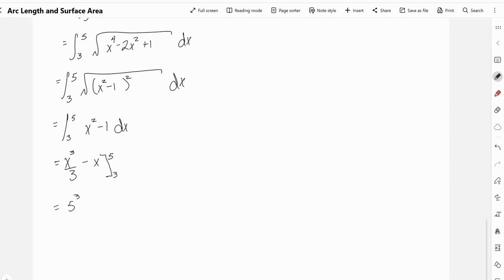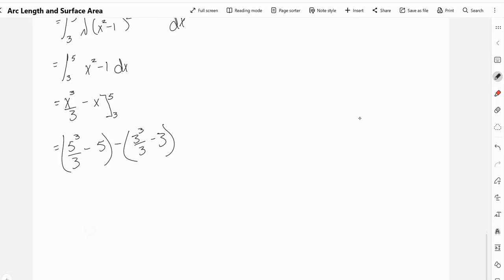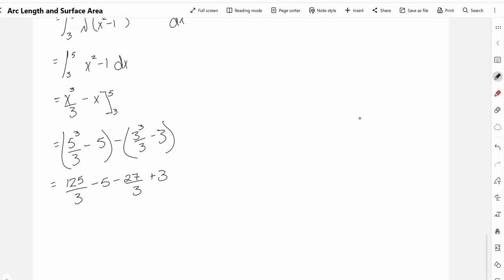So I'm going to have 5 cubed over 3 minus 5, minus 3 cubed over 3 minus 3. So let's see, 5 cubed is 125. 3 cubed is 27. Don't forget to distribute that negative.